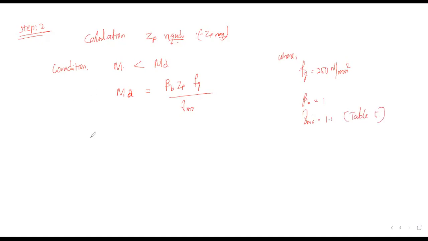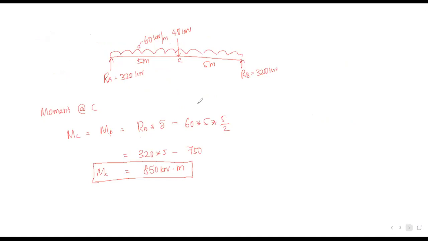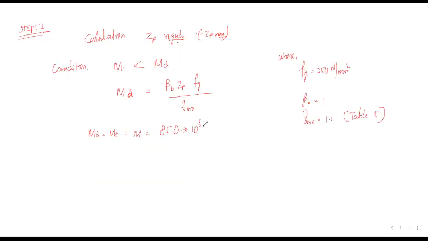Okay. So next, MD I'm going to take as MC or M, which is equal to 850 kilonewton meter, that is 850 into 10 to the power 6 Newton mm. Therefore, if I substitute into the above equation, then I can calculate the ZP requirement.